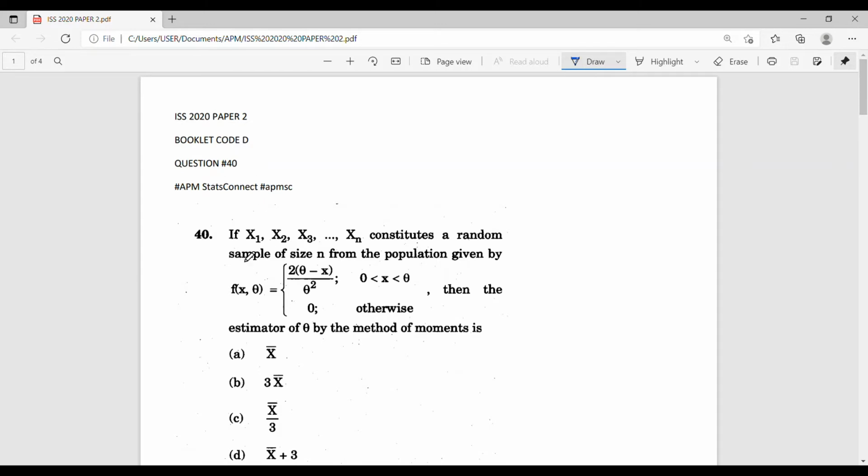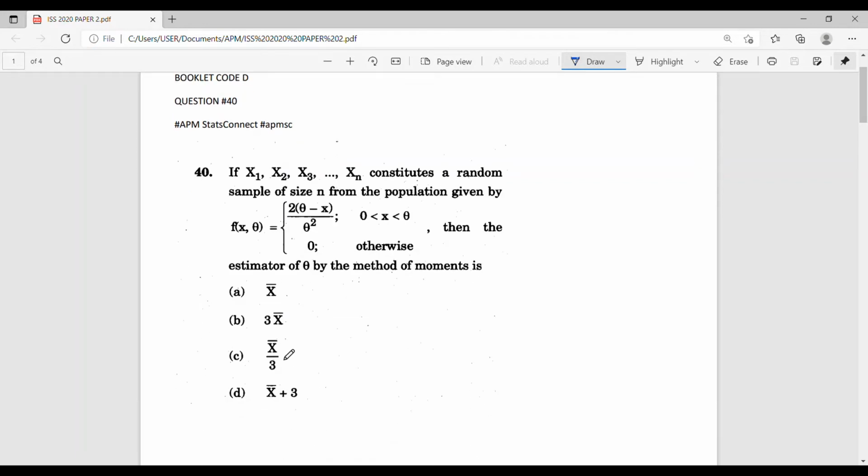If x1, x2, x3, etc., xn constitutes a random sample of size n from the population given by f(x, theta) equal to 2 into (theta minus x) divided by theta square, 0 less than x less than theta and 0 otherwise, then the estimator of theta by the method of moments is: x bar, 3 x bar, or 3 x bar plus 3.